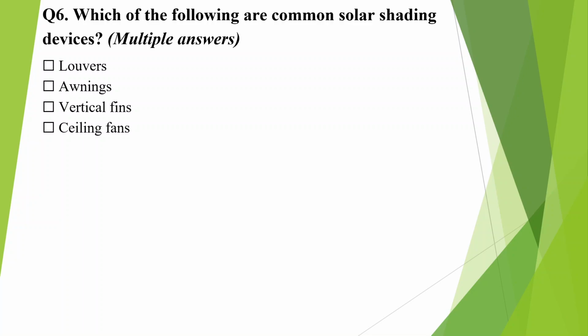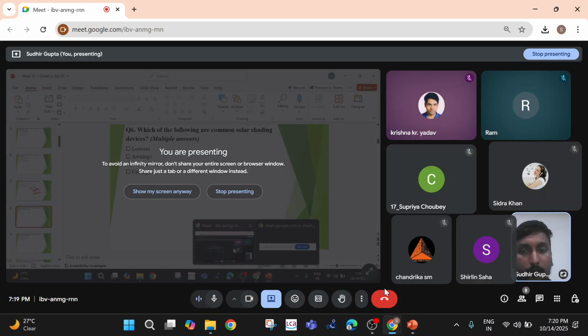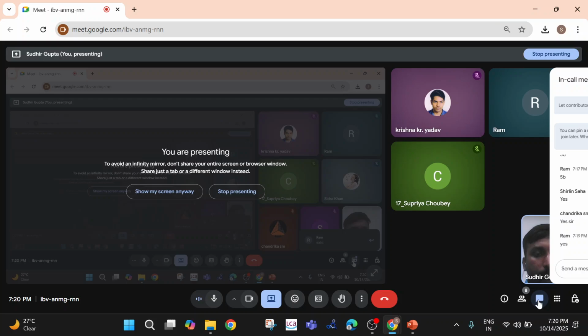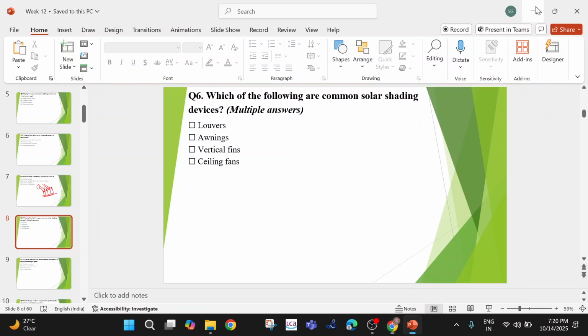As I can see, all of your concepts are very clear, and all of you have answered question number 6. Chandrika was the first to answer, but others also answered correctly. The correct answer is option A, B, C only.